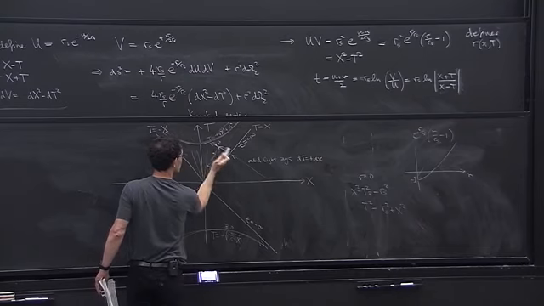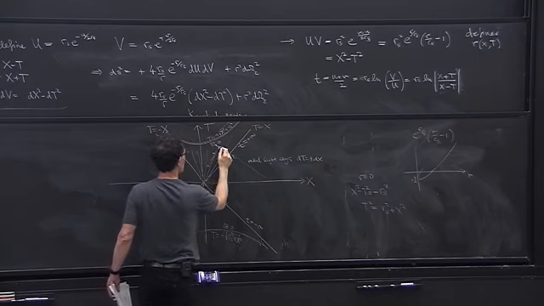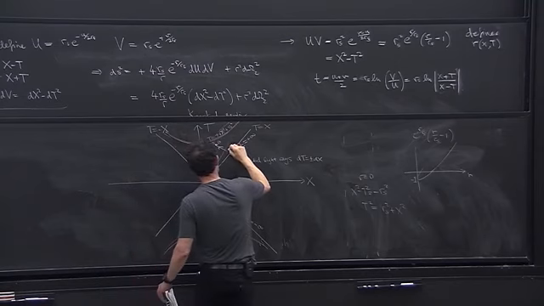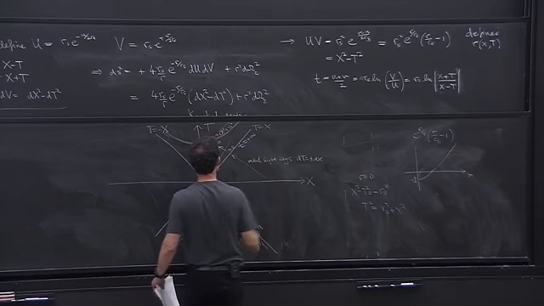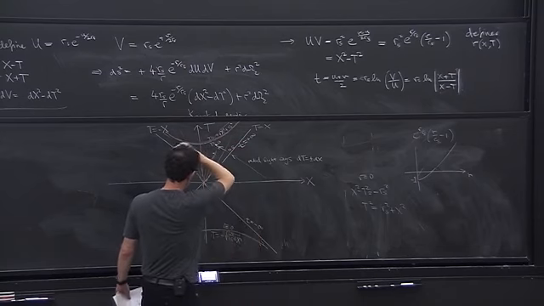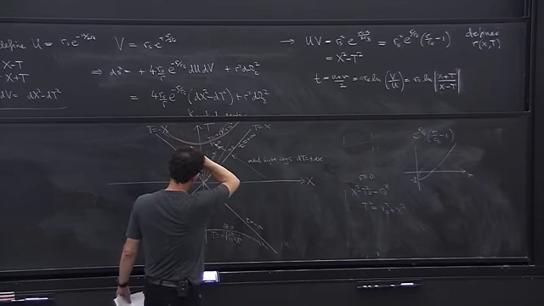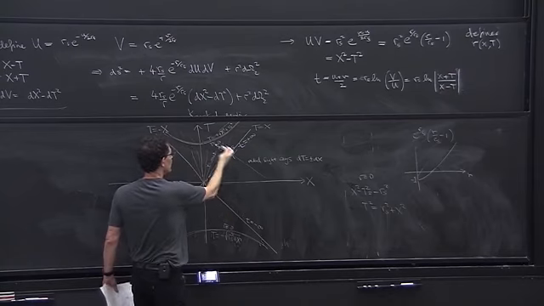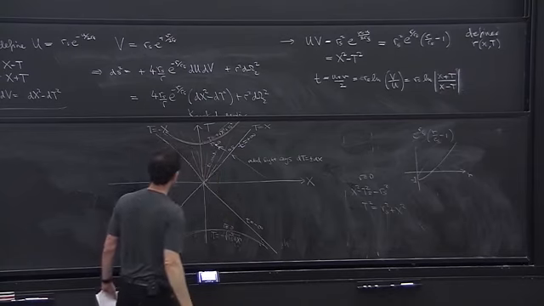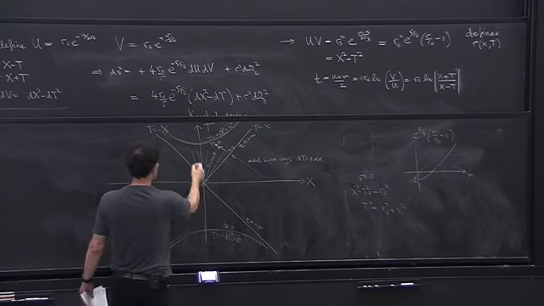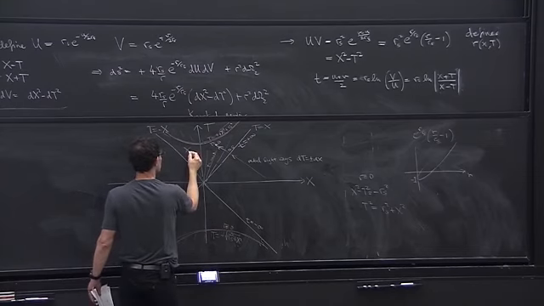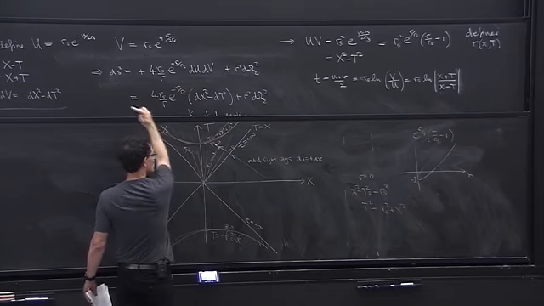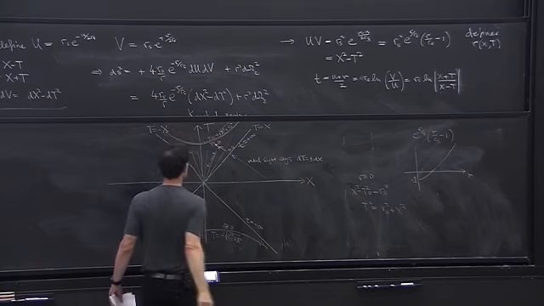T is a space-like coordinate here, and r is the time-like coordinate. This is r equals 0, and this is r equals rs. And so decreasing r is increasing time. The light cones in this picture are always like this. So if I've got an ingoing null ray that's increasing time, that's what it's doing.